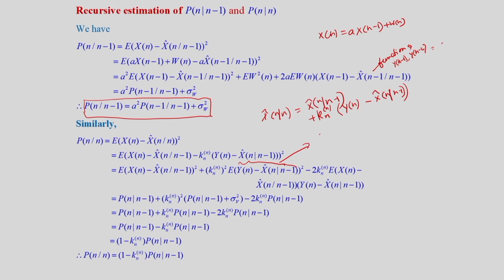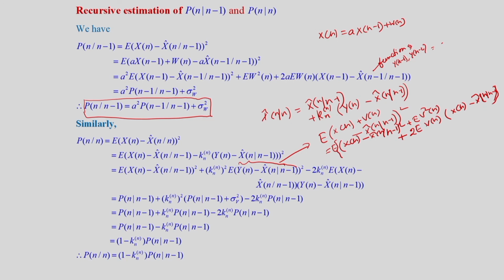And this term will be E of (y[n], which is equal to x[n] plus v[n], minus x̂[n|n-1]) whole square, that is equal to E of (x[n] minus x̂[n|n-1]) whole square, one term, then plus E of v square[n] plus twice E of v[n] into (x[n] minus x̂[n|n-1]).